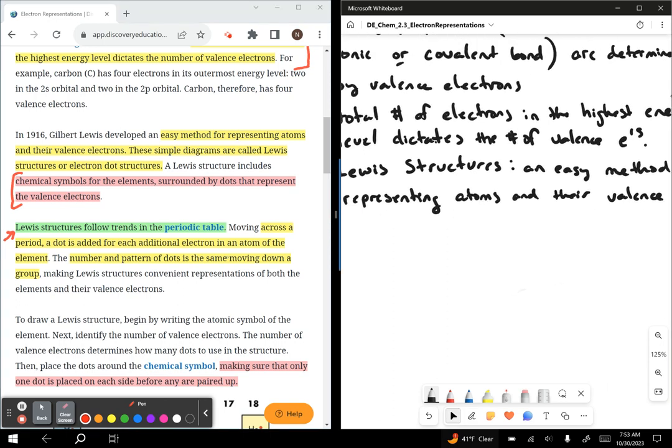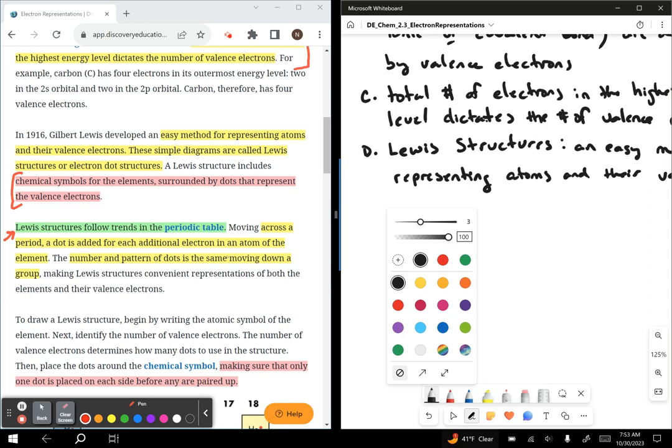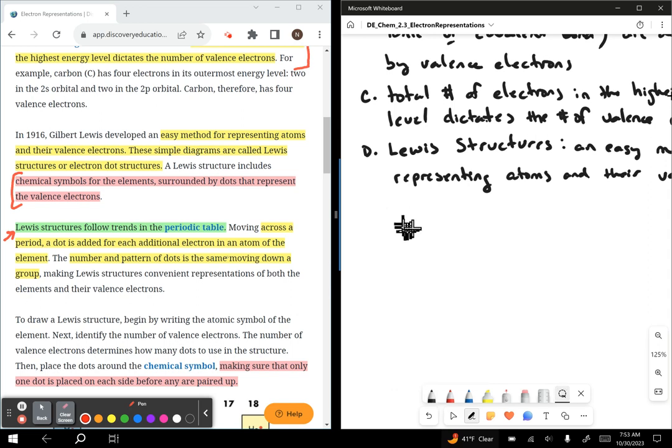So let's really quickly just draw out something here. And we'll just say that this is our periodic table.